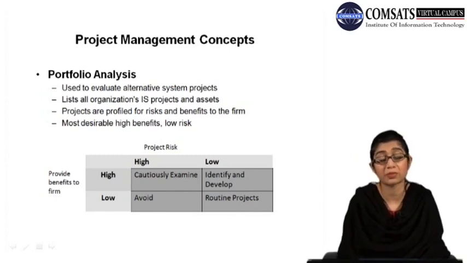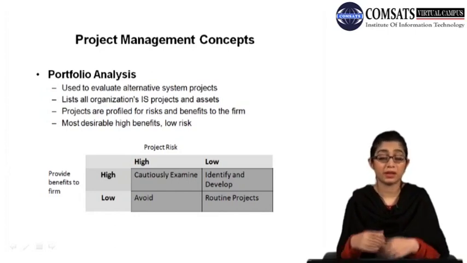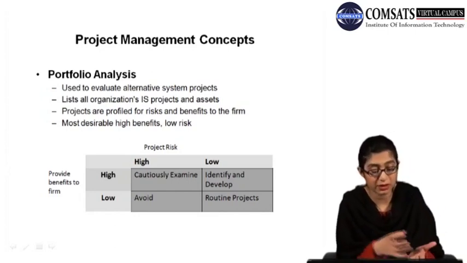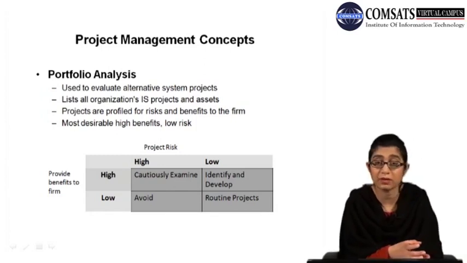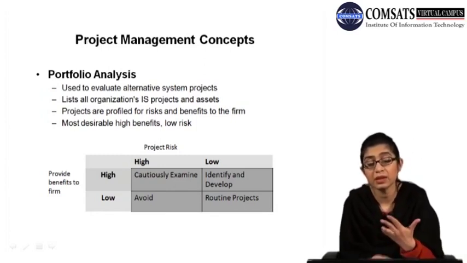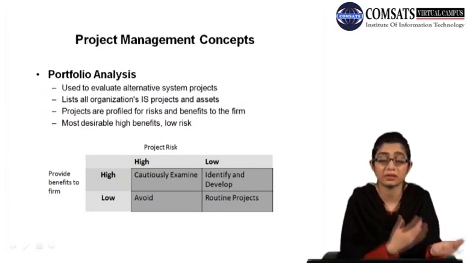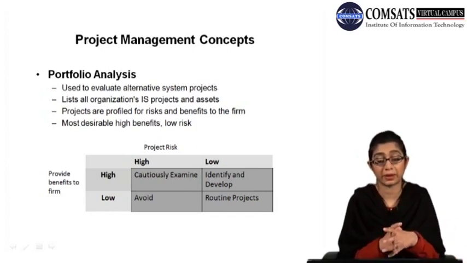Then you're going to profile the different risks and benefits to the firm. That is, this is the information system project, these are the assets required in that project, these are the risks of that project, and these are the benefits that system is going to bring.